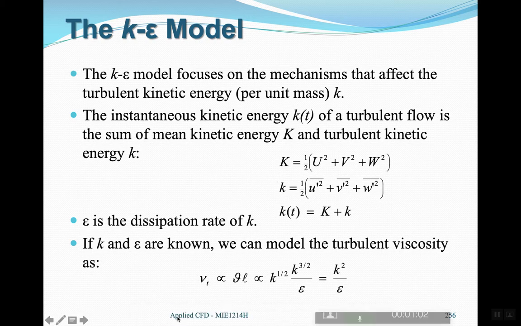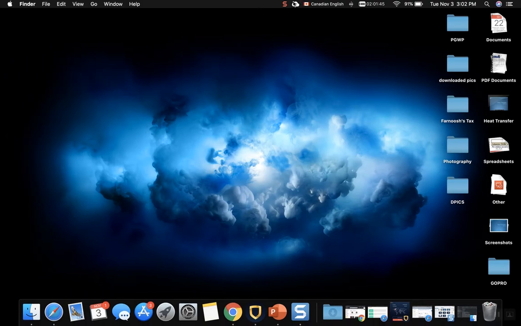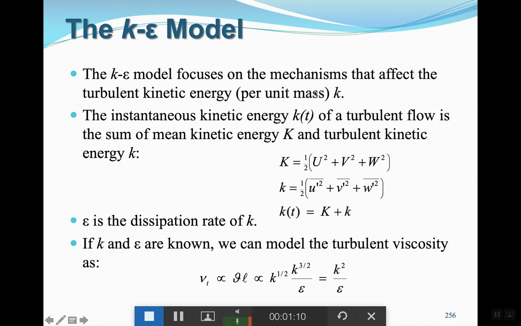The K epsilon model is called that because it uses two equations, one for K and one for epsilon, the kinetic energy and the dissipation rate, to calculate the turbulent viscosity. So in the K epsilon model, the turbulent viscosity is being calculated using two equations for K and epsilon. You see here, you have the mu t, which is related to nu t by this type of formula.